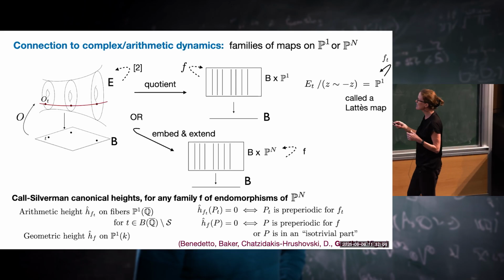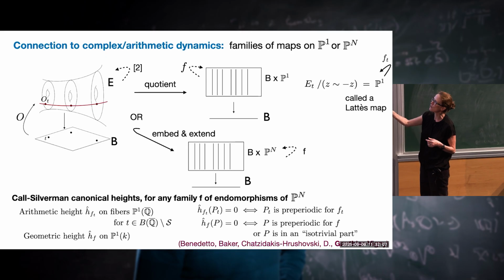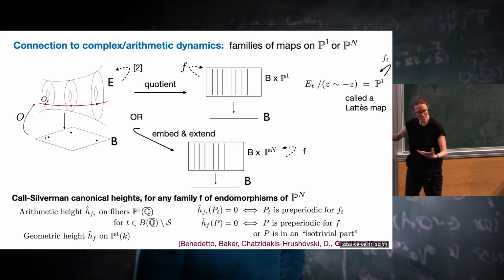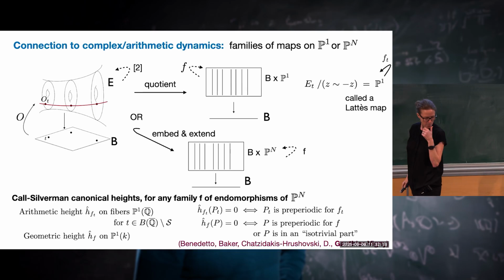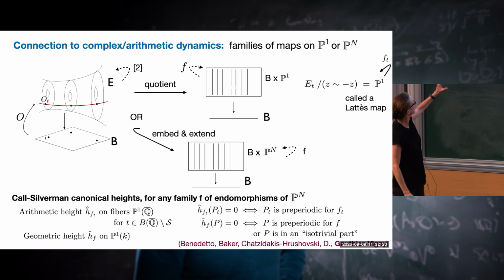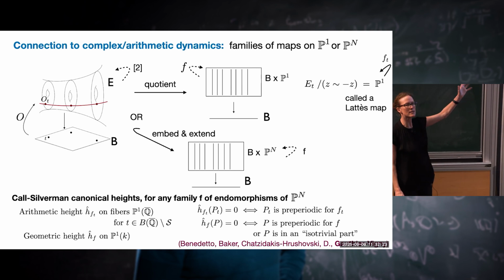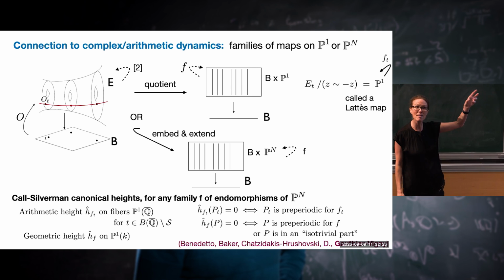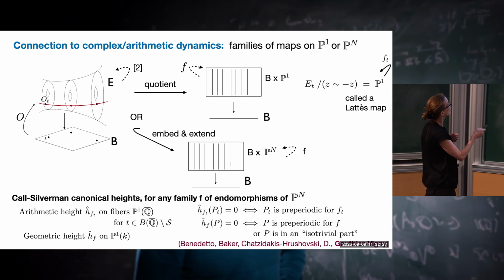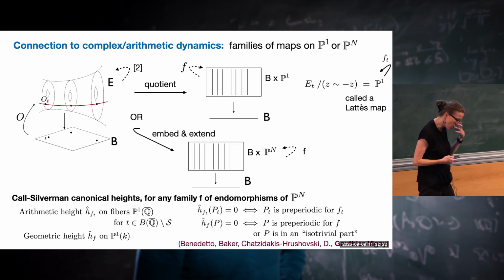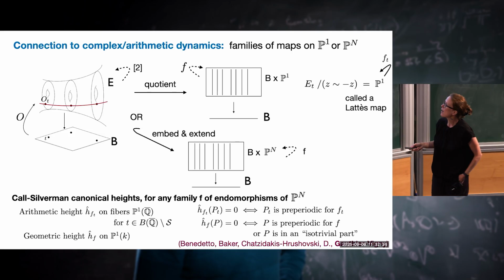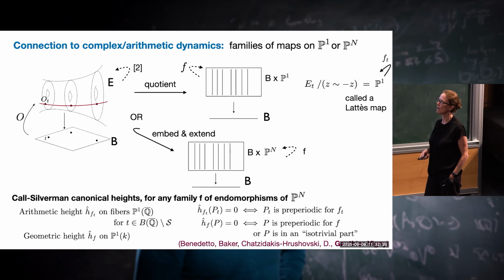So just as in the setting here where you have, say, a geometric height for the elliptic curve as one elliptic curve viewed over a function field, or the arithmetic heights as a family of heights, one in each fiber, you have the same for the dynamical systems. There are these analogous canonical heights introduced by Call and Silverman in the 1990s, which reflect arithmetic complexity along orbits, and growth of that complexity along orbits.